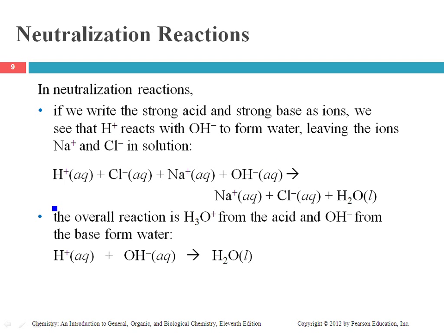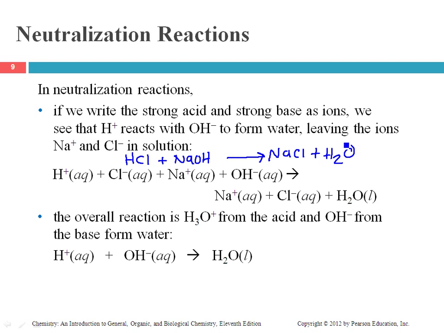So basically this is just looking at an ionic equation. If we look at what we had previously, where we had HCl plus NaOH giving us salt and water, we can actually see how the water is produced.